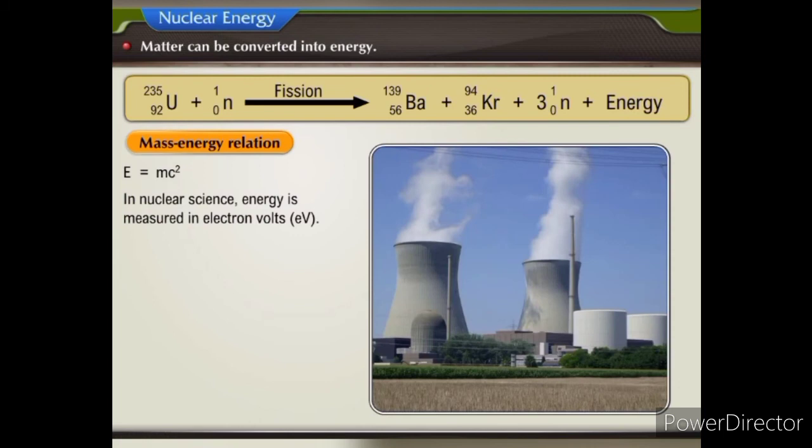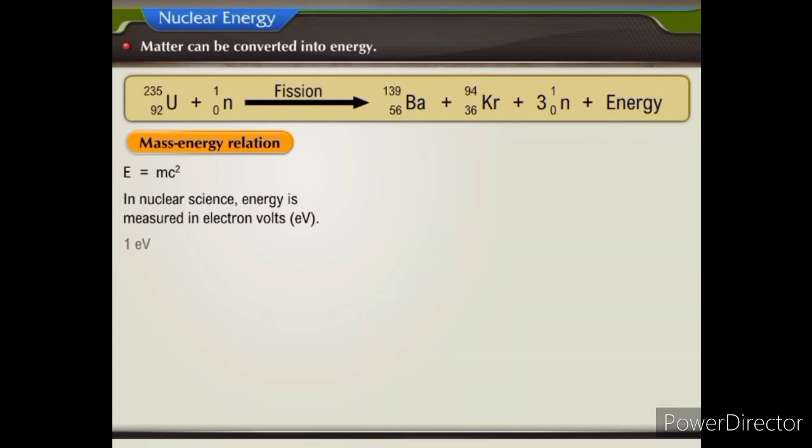In nuclear science, energy is measured in electron volts, symbolized as eV. 1 electron volt of energy is equivalent to 1.602 × 10^-19 joules.